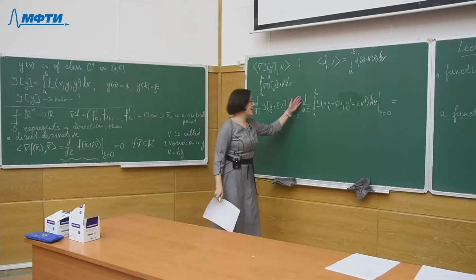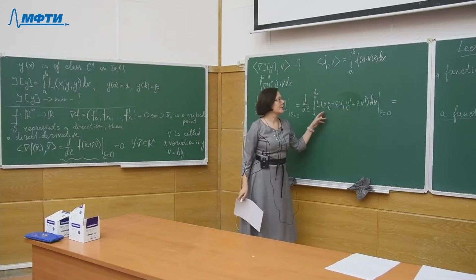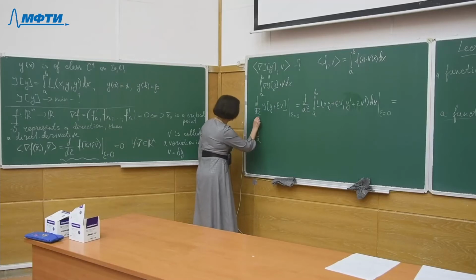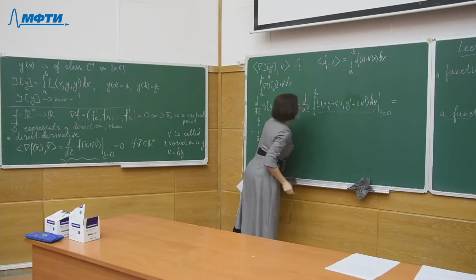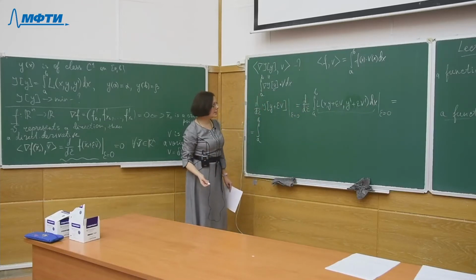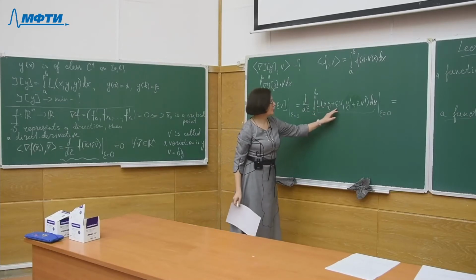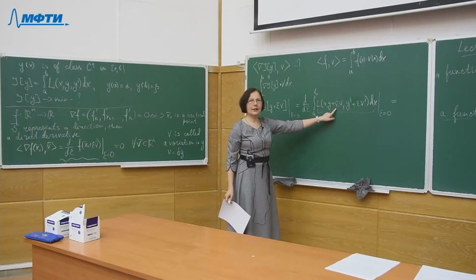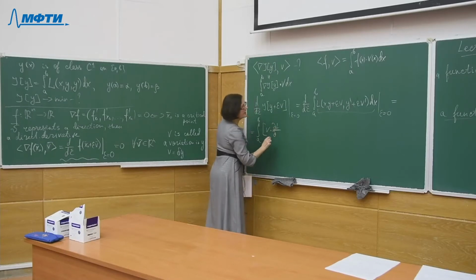We can move the differentiation inside the integral. So we will differentiate the integrand with respect to epsilon now. It will give us the integral from a to b. L depends on 3 variables, so we must differentiate the second variable with respect to epsilon, and this will give us v times dL over dy.